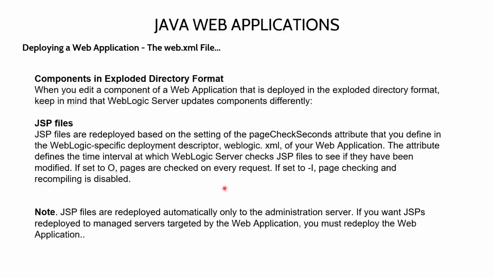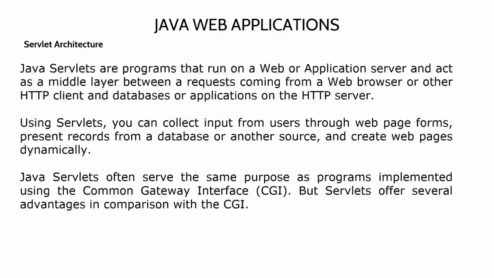If set to 0, the pages are checked on every request. If set to -1, page checking and recompiling is disabled. So JSP files are redeployed automatically only to the administration server. If you want JSP files redeployed to managed servers targeted by the web application, you must redeploy the web application.